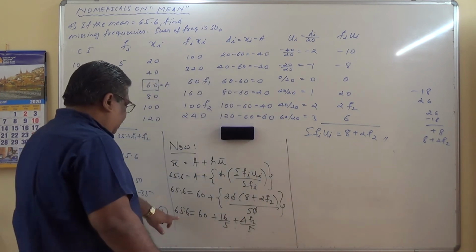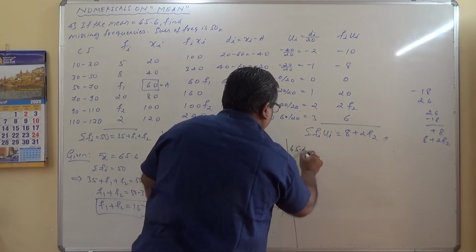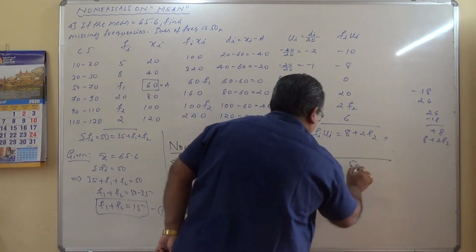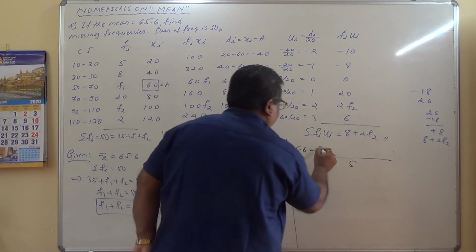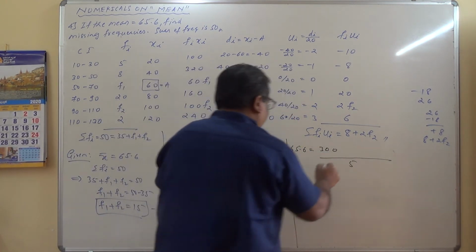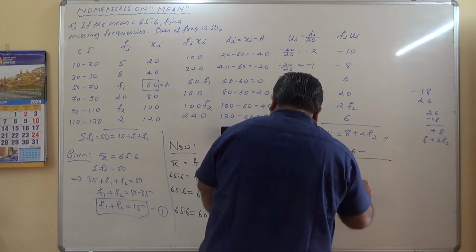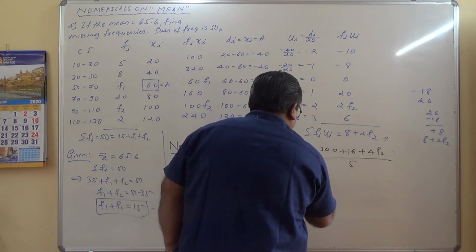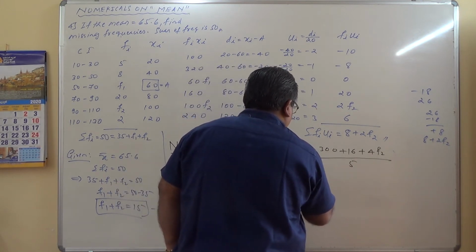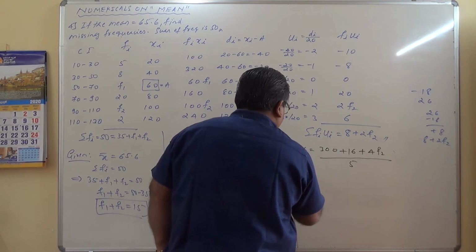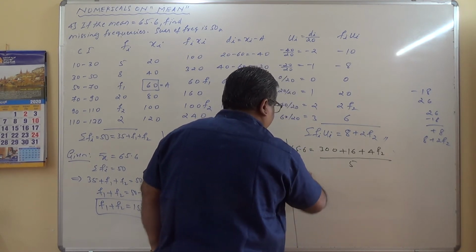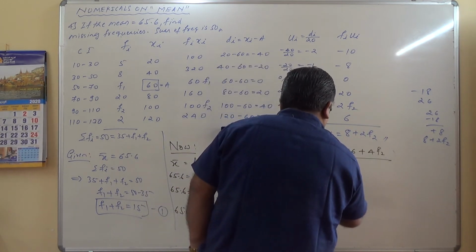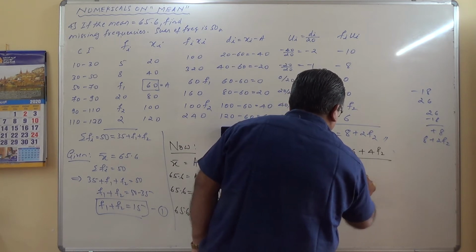Okay, 65.6 equals, take LCM, 5 into 60 is 300, plus 16 plus 4 f2. So cross multiply. 328 equals, I have got 4 f2 plus 316.